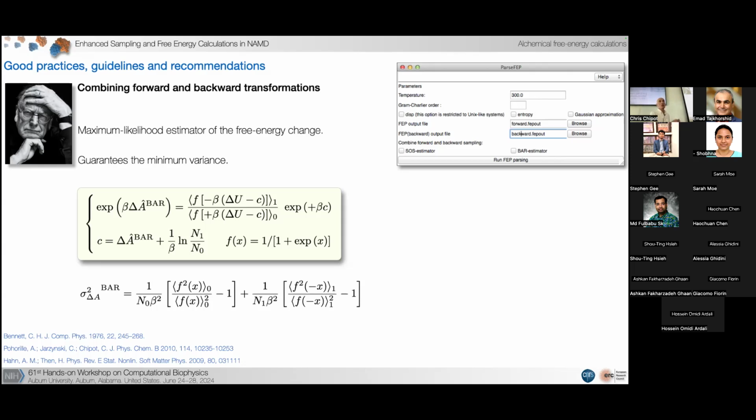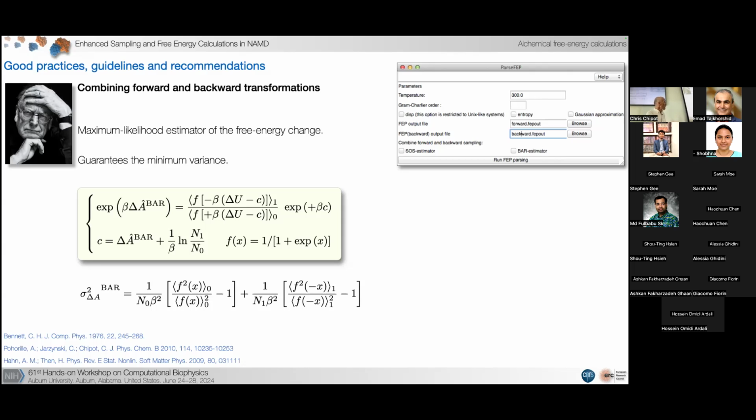And this is what we do, in fact. We have this available in VMD to post-process your free energy calculation. The plugin is going to solve that for you, feeding delta A FEP to start solving these equations.